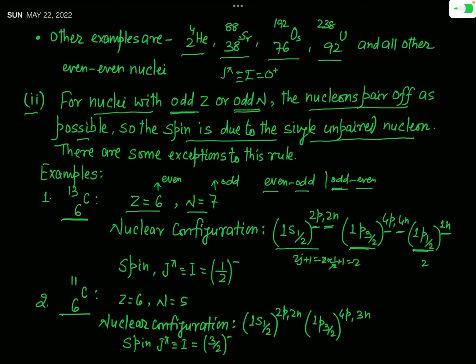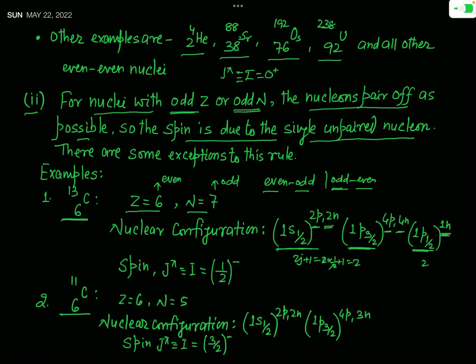This is the unpaired neutron. So in this case, the total ground state angular momentum, or the spin and the parity, will be determined only by this last neutron, because the angular momenta for the nucleons present in the filled subshells will be 0. So this last neutron, which is only 1, will determine the parity and the angular momentum.